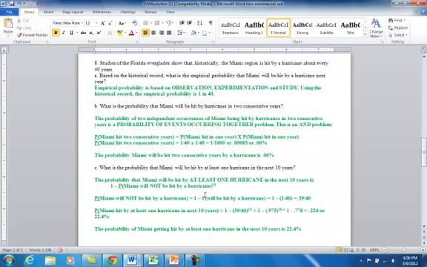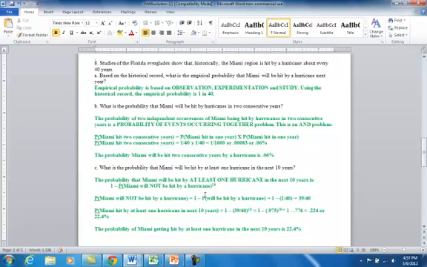When you multiply that by 100, the probability that Miami will be hit 2 consecutive years by a hurricane is 0.06%. It's common sense. It has to be less than the probability that it will happen in 1 year. You're multiplying fractions, therefore it gets smaller. Ands are always multiplication. C, our friend C. There's a formula for this, guys.